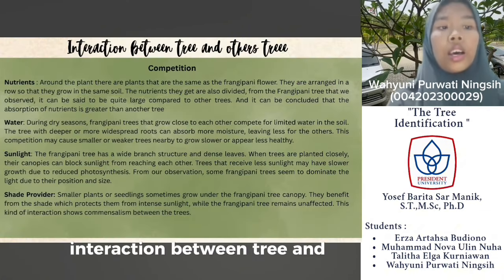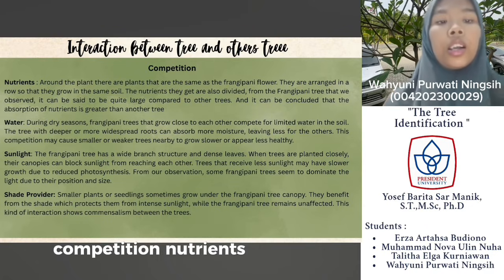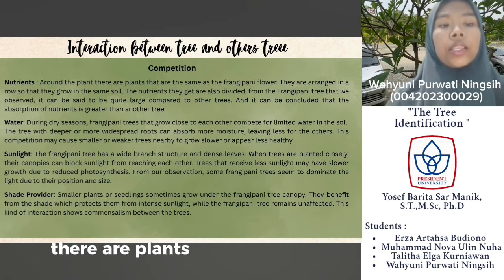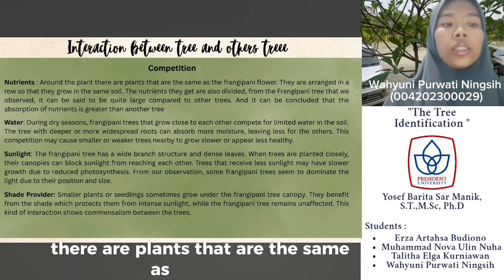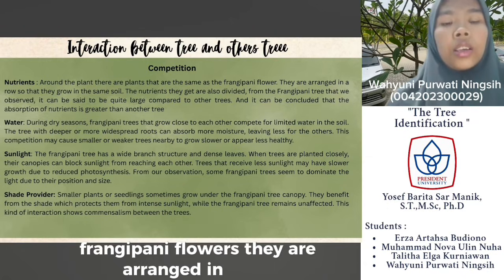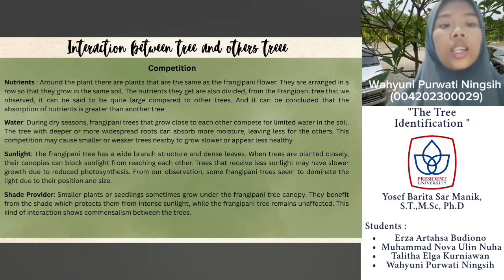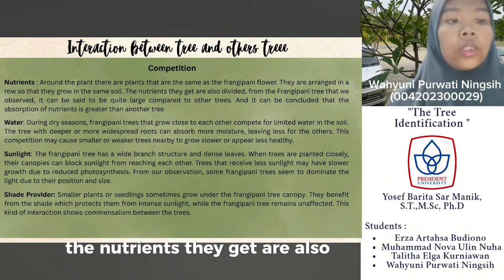Interaction between tree and other tree. Competition. Nutrients. Around the plant there are plants that are the same as the frangipani flowers. They are arranged in a row so that they grow in the same soil. The nutrients they get are also divided.